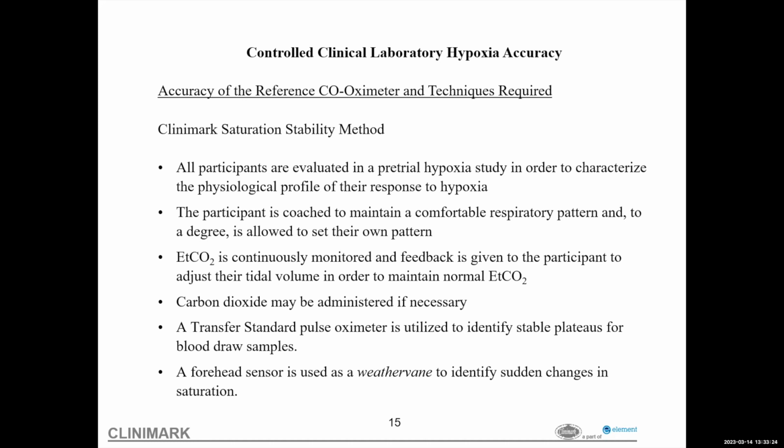So some individuals are very comfortable and have very stable SaO2s, SpO2s at lower saturations, and others are just very uncomfortable, and in a small amount, maybe about 5 or 10%, they just keep changing their tidal volume, and at some point they can't maintain a high saturation.